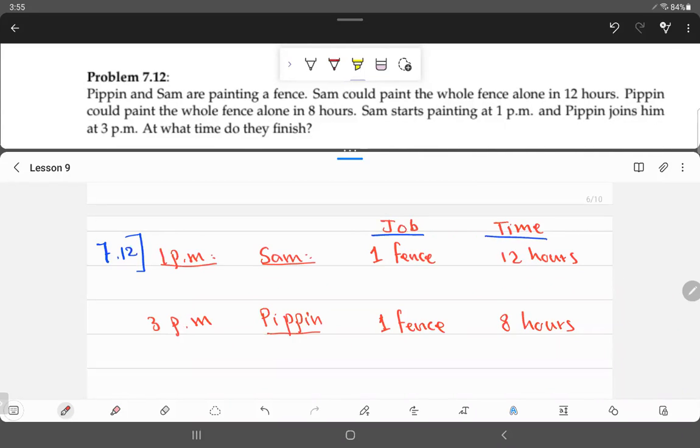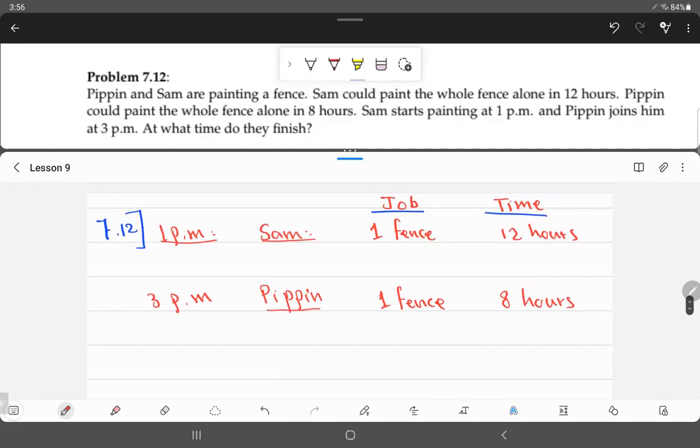Okay, now the first thing I would like to do is study the relationship between both of them. So we have job and time. What is the relation between the job, one fence, and the time, 12 hours? So he can paint one fence in 12 hours.